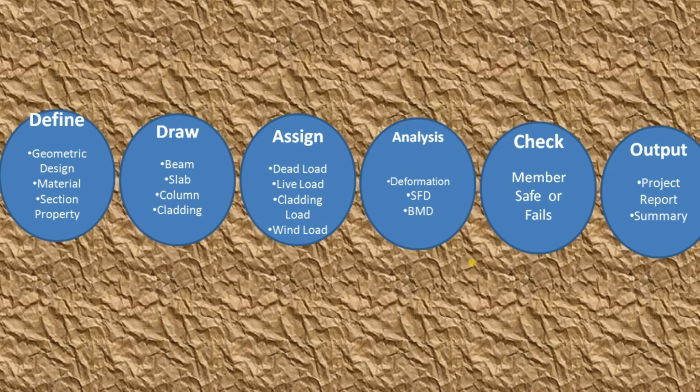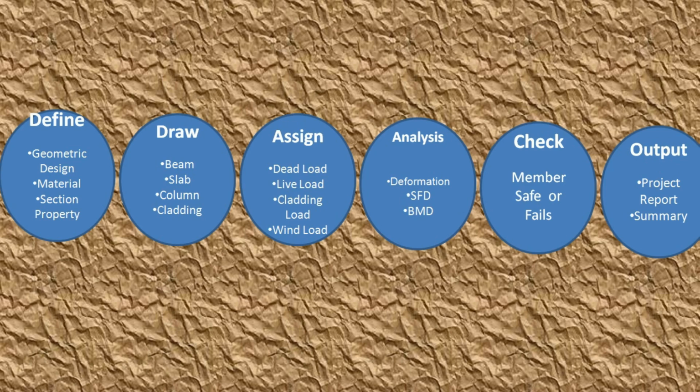After assigning the load, we need to analyze the structure using analyze menu. With the help of this, the software starts analysis of the structure and subsequently performs the following results, that are the deformation of each section followed by shear force and bending moment diagram.